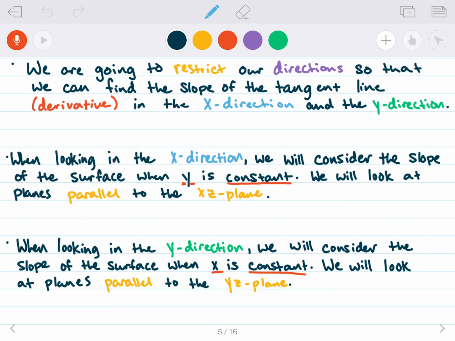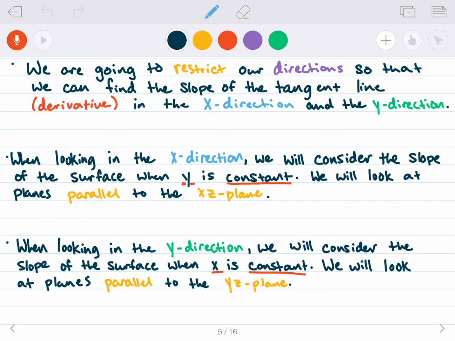Okay? So I'm going to just explain what we're going to do, and then hopefully I can show you visually what I'm trying to explain here. Okay, so when we are trying to find the slope in the x direction, we want to consider the slope of the surface when y is constant, when it's just a number.